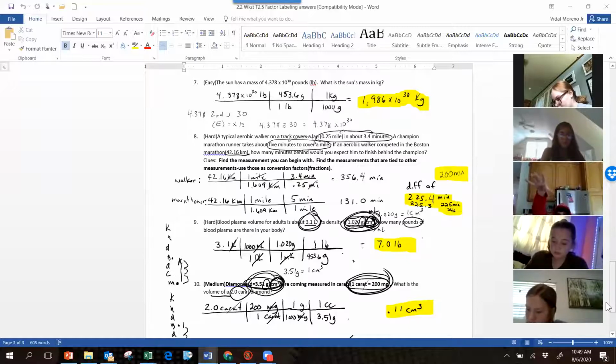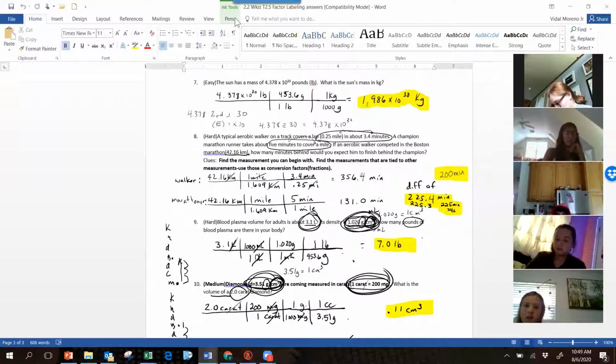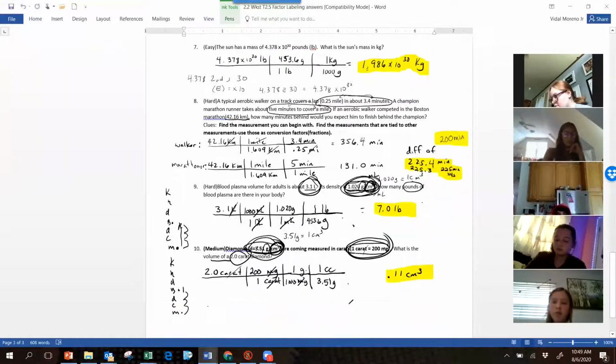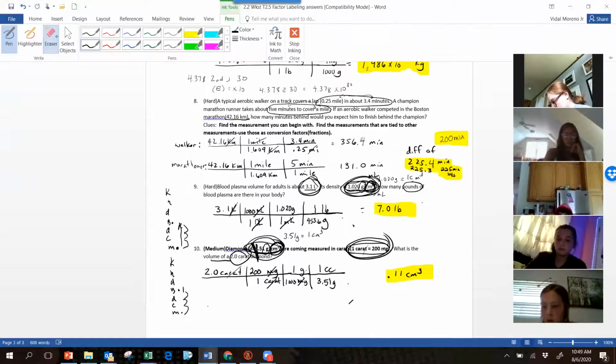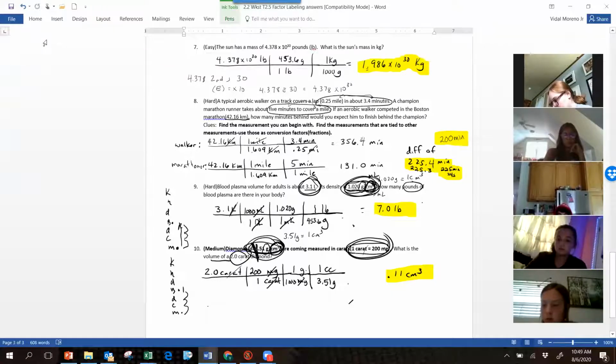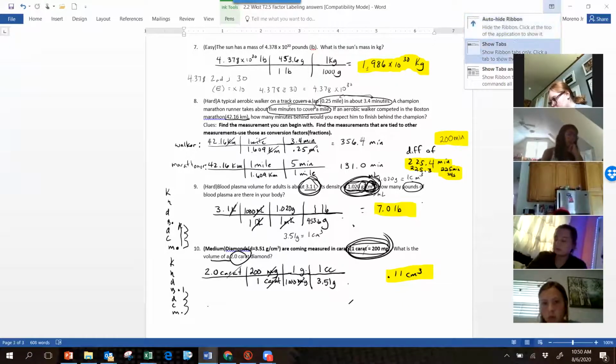Okay. Density is very, very useful because density, as we're going to learn, is a conversion factor. Anything that is a fraction is a conversion factor. So 3.51, by me giving you density, I am giving you a conversion factor.